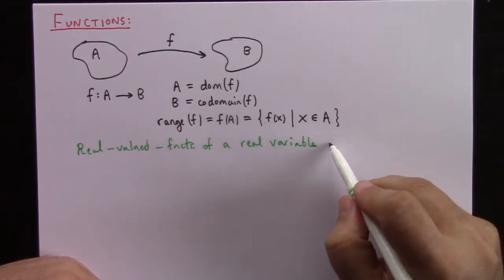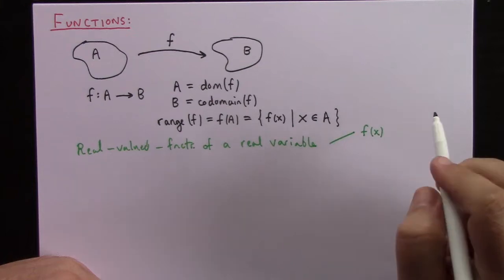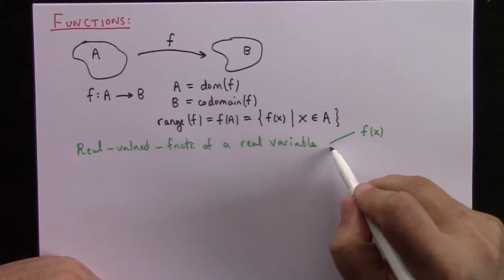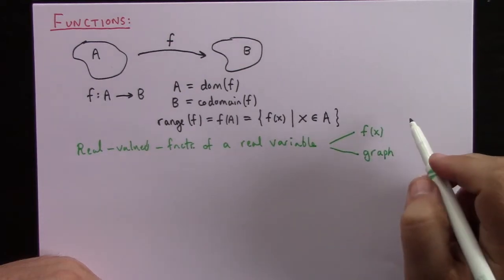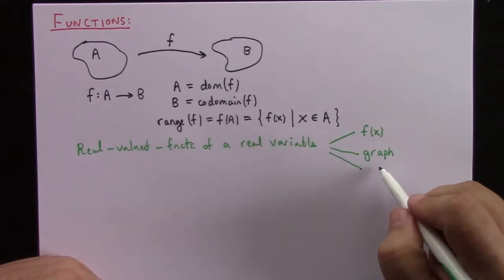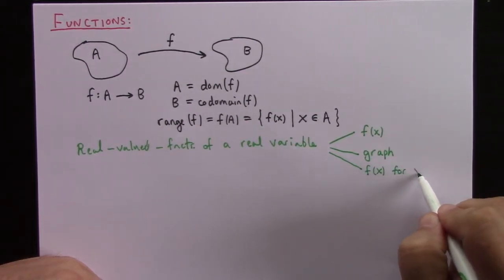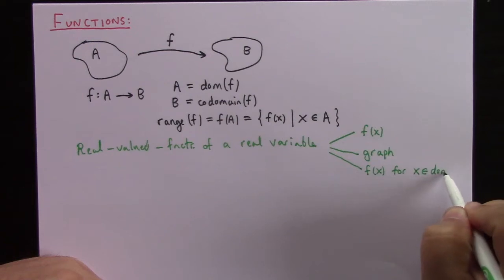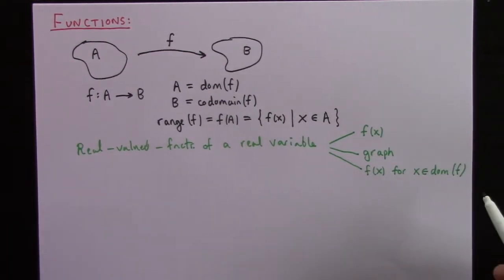We can describe it by a formula, f of x can be given. And you can describe it by a graph. Those are the two main ways. Now, I would say there's kind of a third way, which is f of x for x in the domain of f. So in other words, we can choose a specific domain for the function.